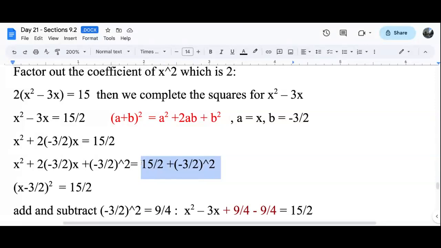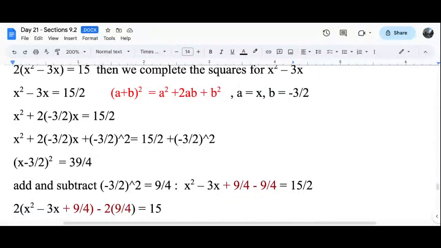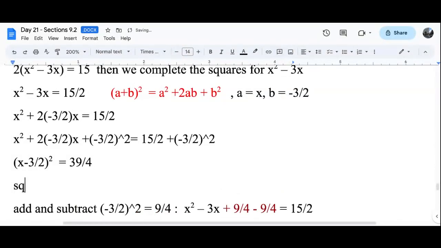Then the right-hand side becomes 15 over 2 plus 9 over 4, which is 39 over 4. Does it make sense? Then we square root both sides. We get x minus 3 over 2 equals plus or minus square root of 39 over 2.